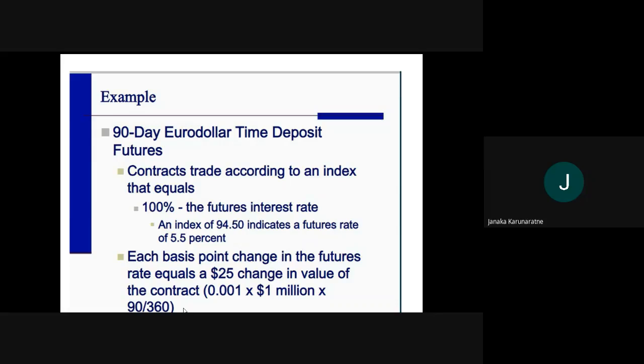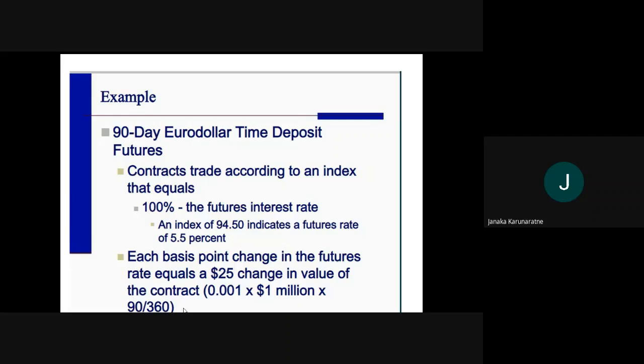Now let's say you hold 2 contracts of $1 million each, Eurodollar time deposit futures. You are in DB Bank, and you hold 2 contracts worth $1 million each, 90-day Eurodollar time deposits. Then you hear the news that the futures rates change by 1%.